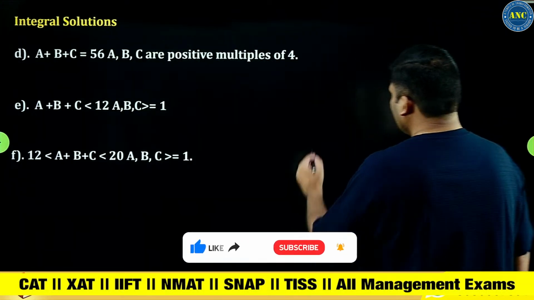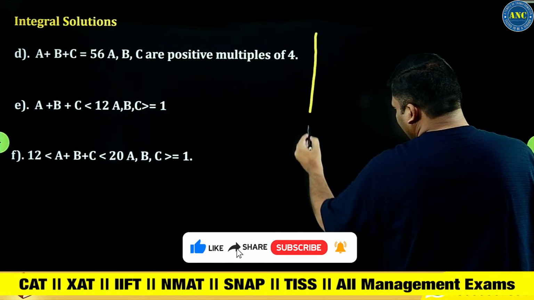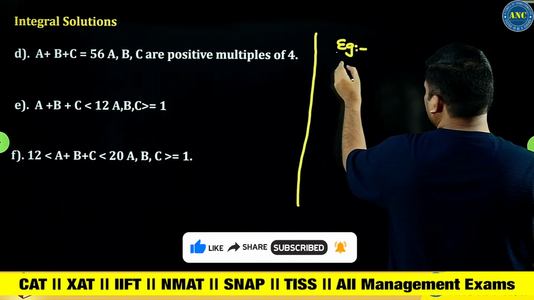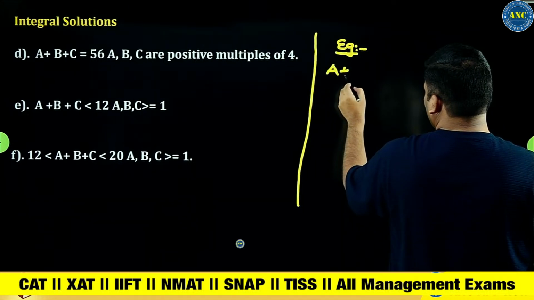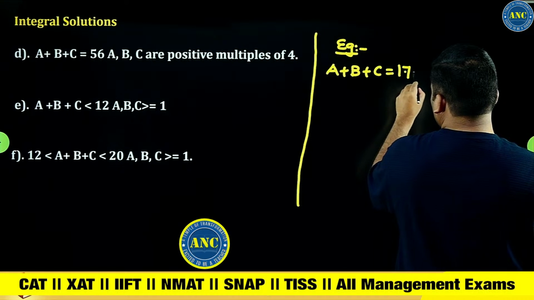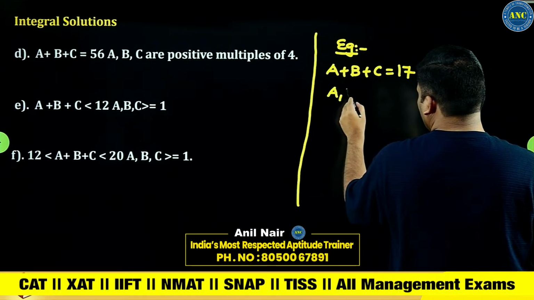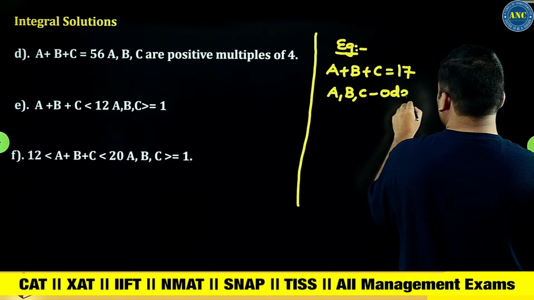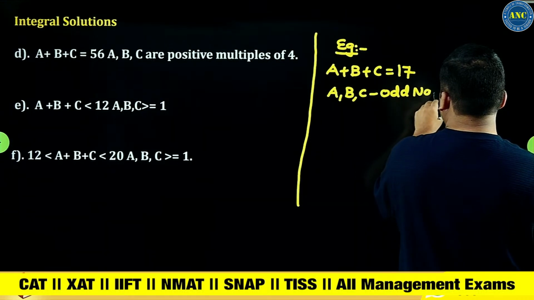Let us take one example also when it is an odd number. Example, A plus B plus C is equivalent to 17. A, B, C are odd natural numbers.